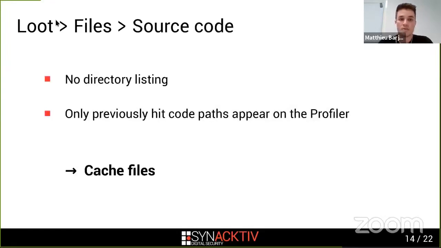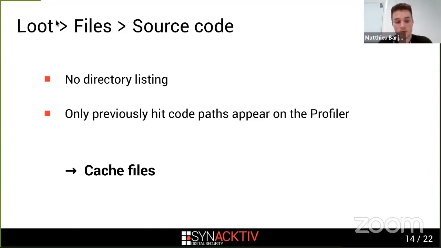So the only problem is the web profiler has no directory listing feature. You have to give the file path to the file you want, and you cannot reliably guess the source code files that you want to download.